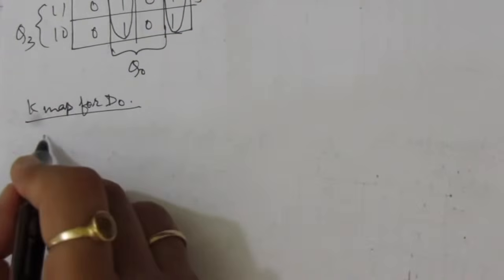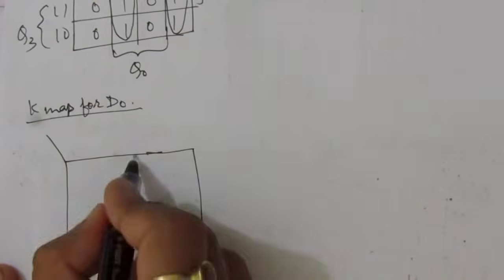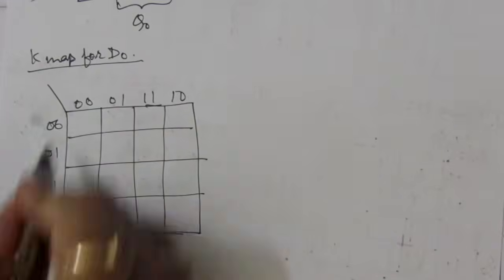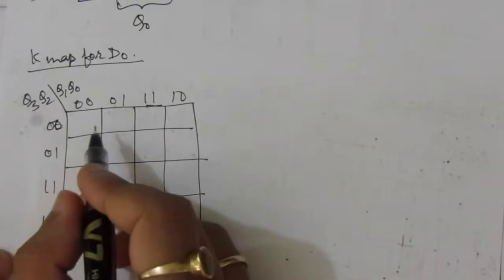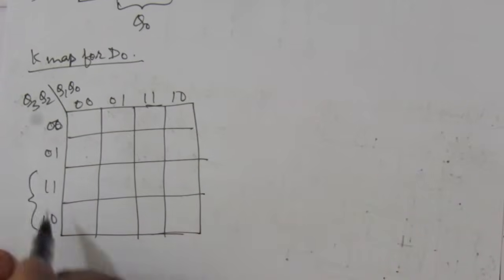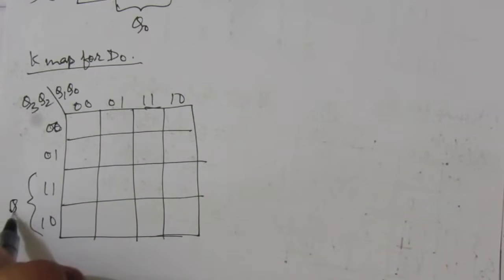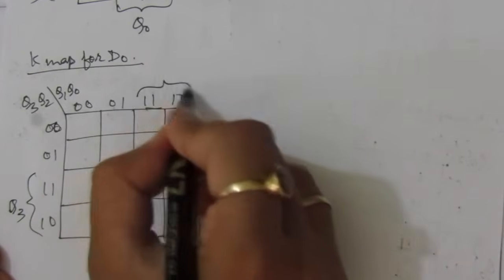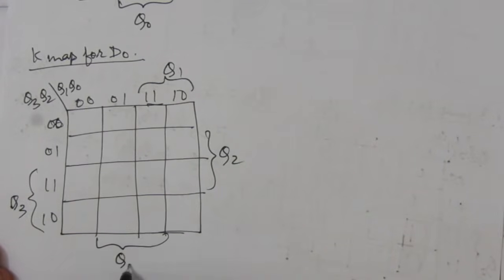Now we have to find out the K-map for d0. Similarly, we'll have another 4 variable map. Now we have to put the values of d0 in this K-map. Okay, these two rows are q3, these two rows are q2, these two columns are q1, and these two columns are q0.